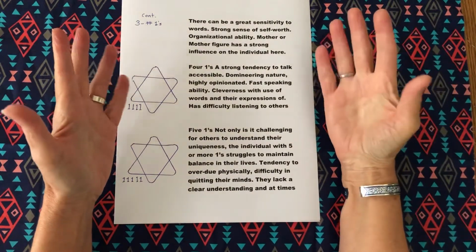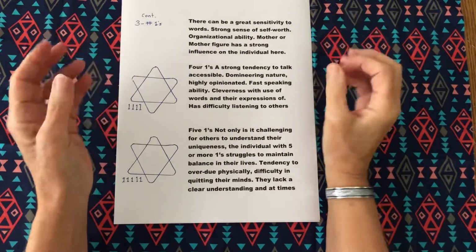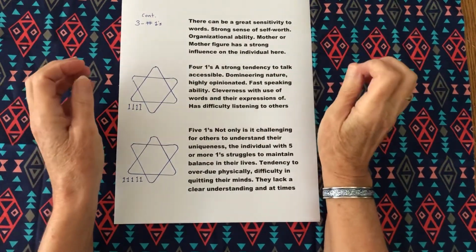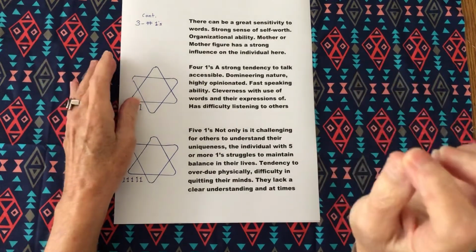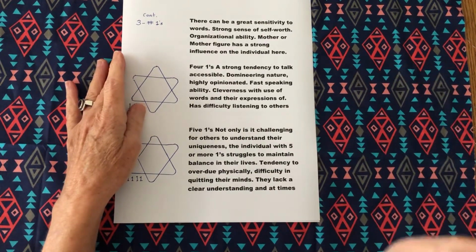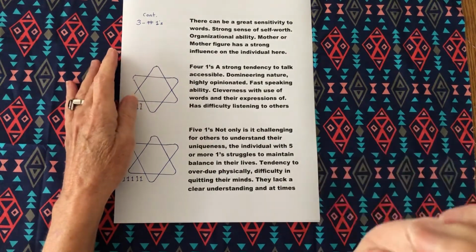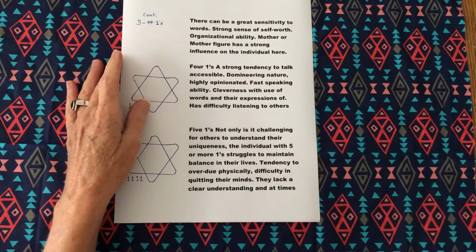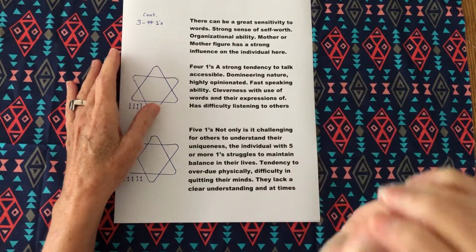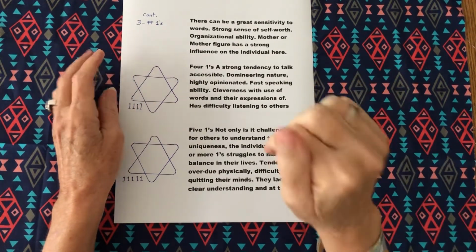So there's that words, they're sensitive to the spoken word, the written word, how they're expressed, the type of expression and emphasis when some words are spoken. It's also a factor in the person with 3 number 1s.